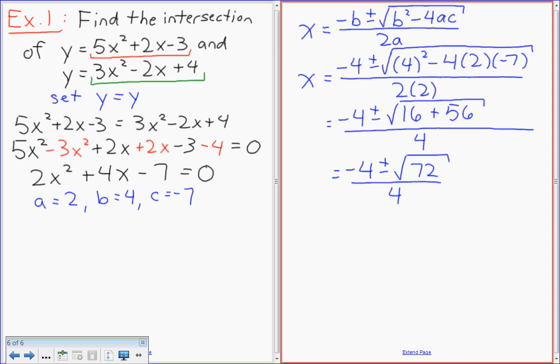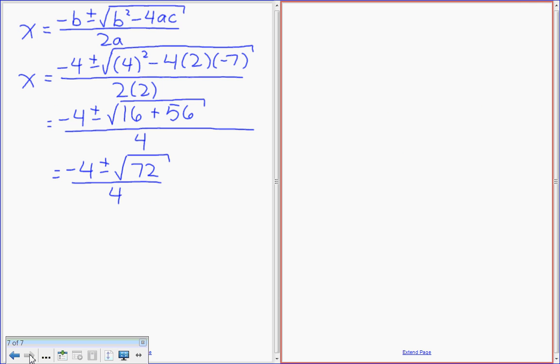All right, Callan, as I go to the next slide, can you please tell me what the square root of 72 is to 2 decimal places? Excellent, 8.49. So we have negative 4 plus 8.49 divided by 4, or x equals negative 4 minus 8.49 divided by 4.